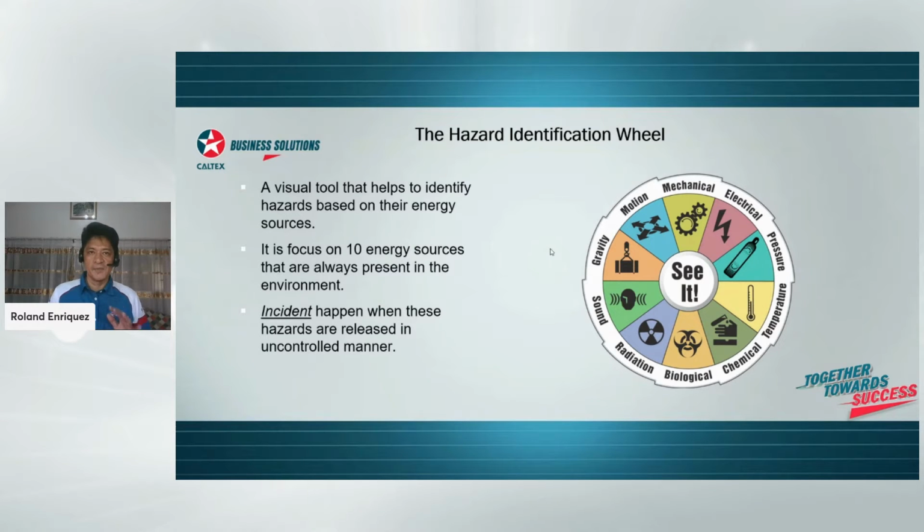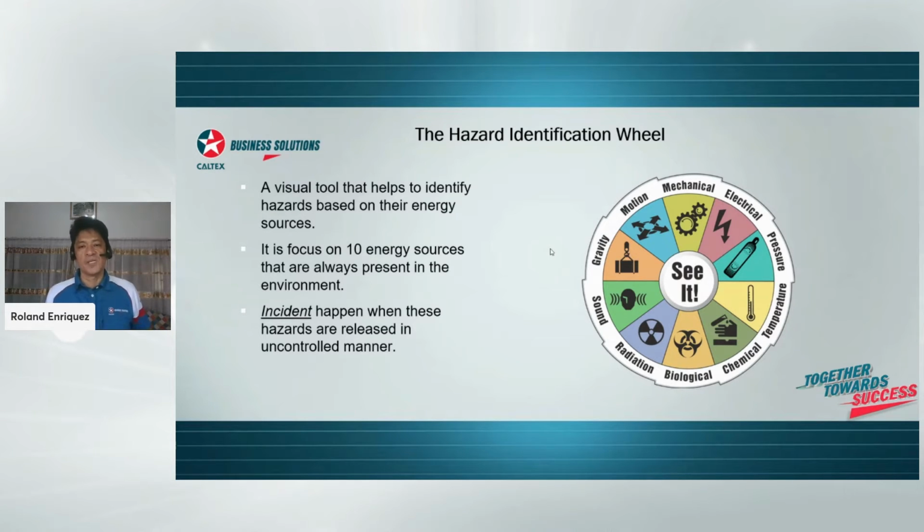So for this webinar, let's just focus on hazards like physical, biological, and chemical hazards. These are the hazards that we need to be aware of because if they are released in an uncontrolled manner, the result would be an incident.